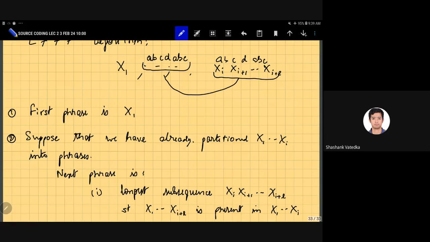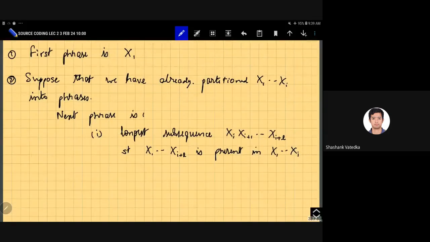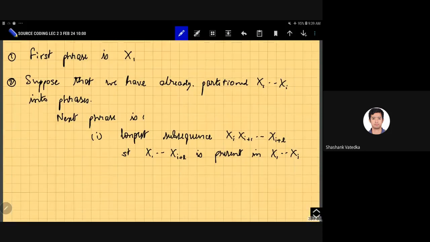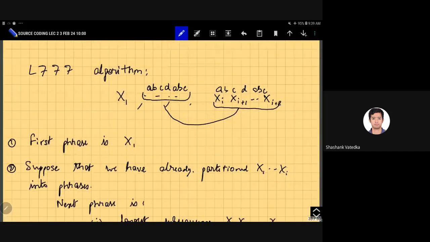Okay, so that is the rule. It's the longest possible subsequence. So if I look at xi+l+1, then this does not occur anywhere before.